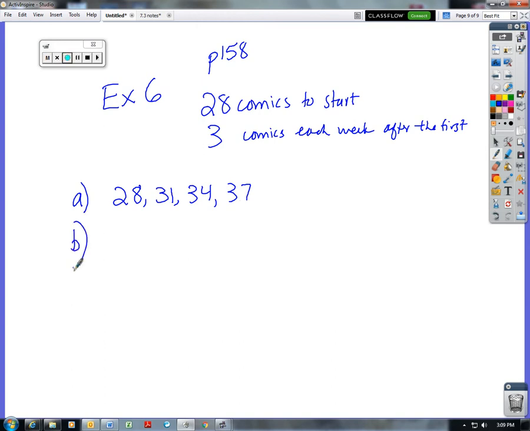Letter B. Show that the total number of comic strips sent after n weeks forms an arithmetic sequence. So that's the same question we answered earlier, show that we have an arithmetic sequence. I'll do it the way the book does. 31 minus 28 is 3, 34 minus 31 is 3, 37 minus 34 is 3. So d is equal to 3, and u sub 1 is 28.